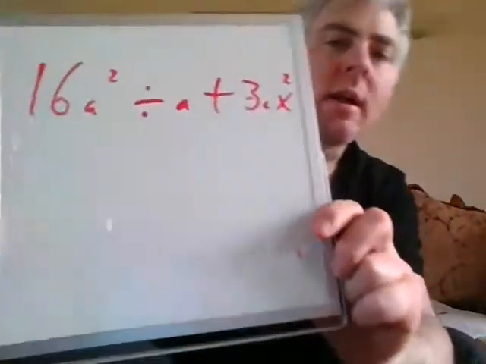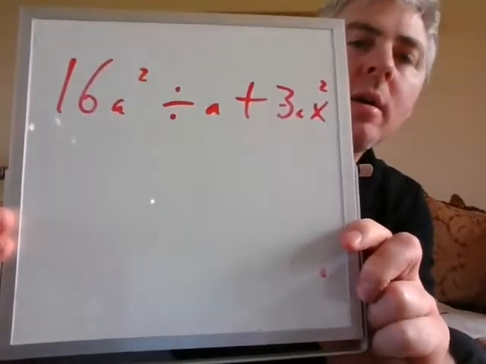Right, 16a squared, divided by a plus 3a times 2. So I've got 16a squared divided by a plus 3a times 2.